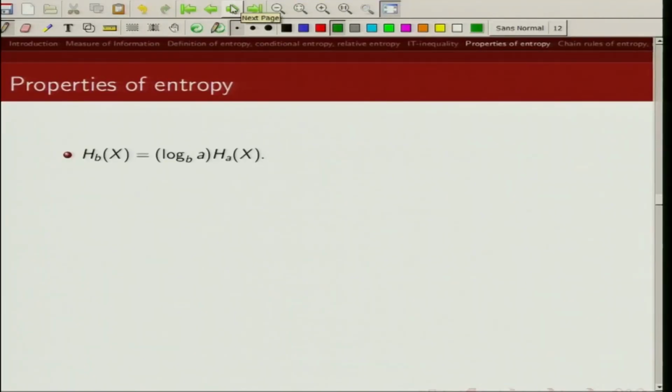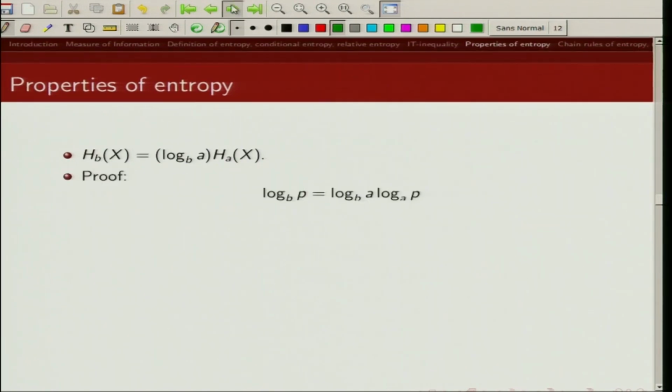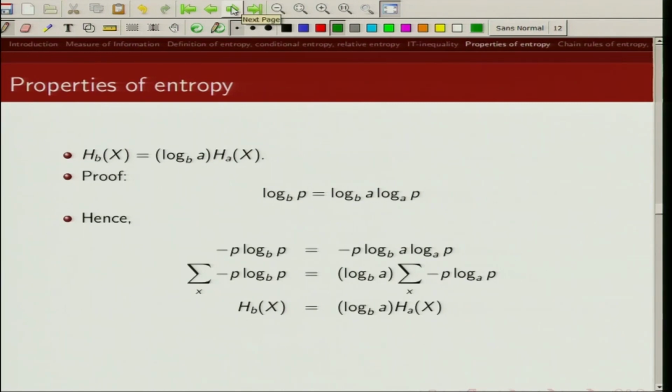Now let us prove some properties of entropy. Entropy computed to the base B can be related to entropy computed to the base A by this particular relation. This is straightforward to prove. We can write log of P to the base B as log of A to the base B multiplied by log of P to the base A. Now what is the definition of entropy?